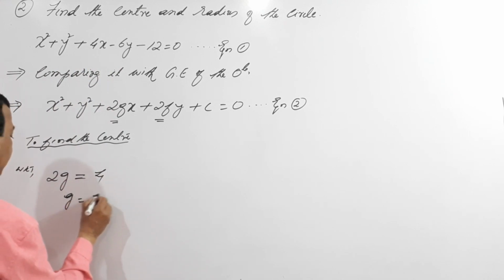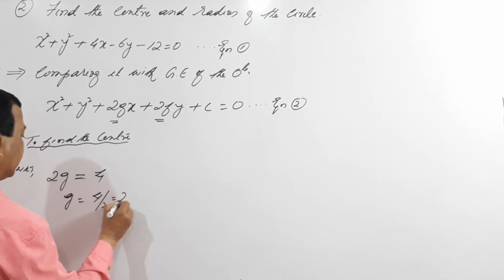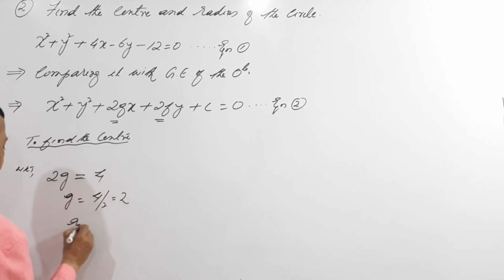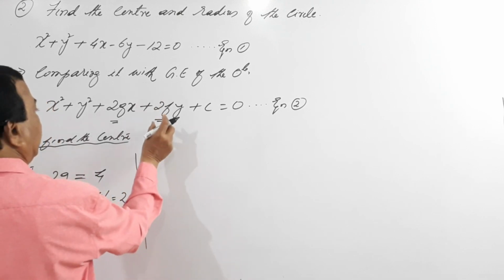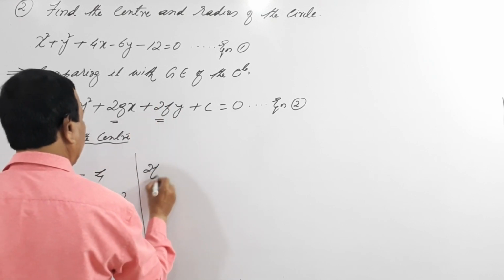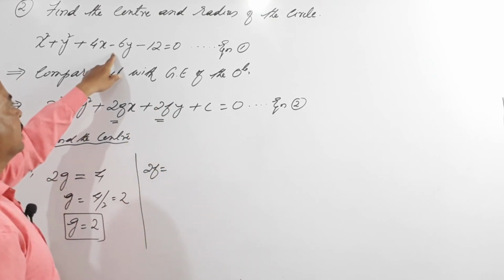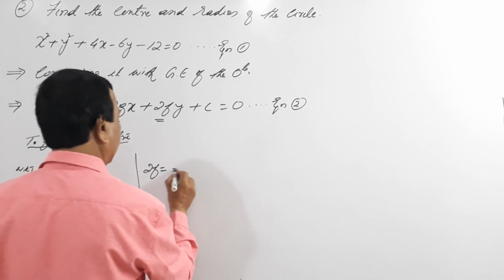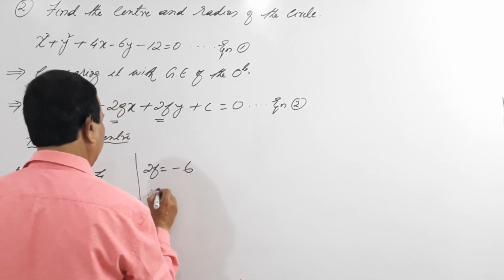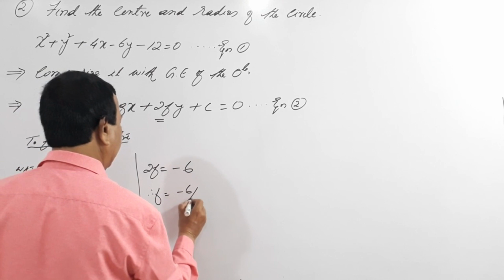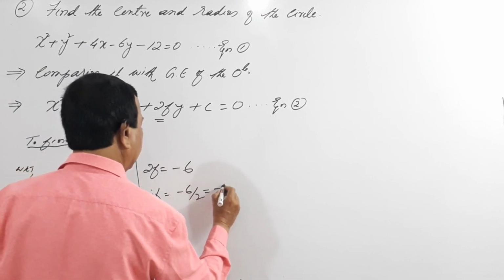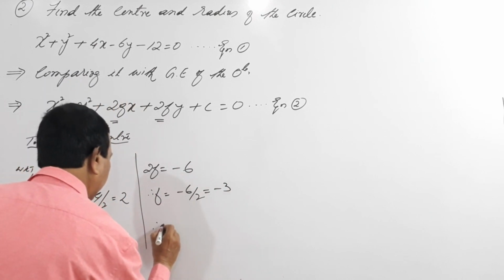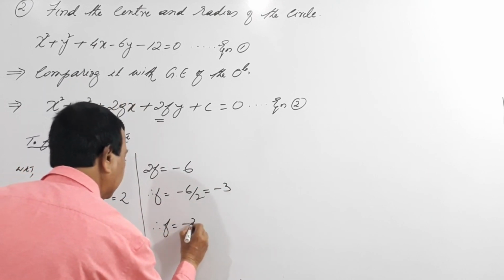Therefore g will be 4 by 2, that is 2. g equals plus 2. Right, now we will go for 2f. What is the coefficient of y? It is minus 6. Therefore f will be minus 6 by 2, that is minus 3. Therefore f equals minus 3.